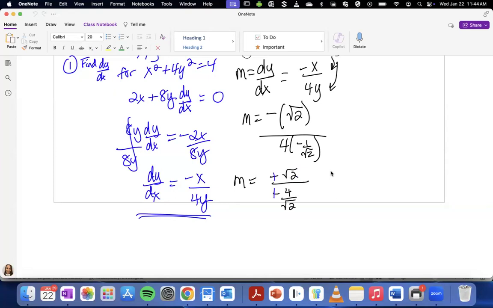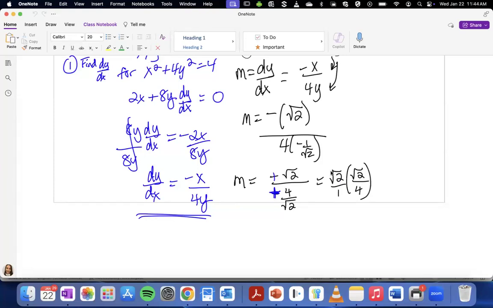Do you know how to deal with this weird fraction? What would you do? I do the reciprocal. You could also multiply by root 2 over root 2, that's another way. But if it's just one fraction over another fraction, I just do the reciprocal. It's just easier. So this becomes the numerator times the reciprocal of the denominator, root 2 over 4. Put that root 2 over 1. If it's not a fraction, just make it 1.